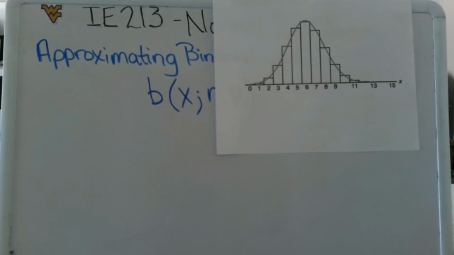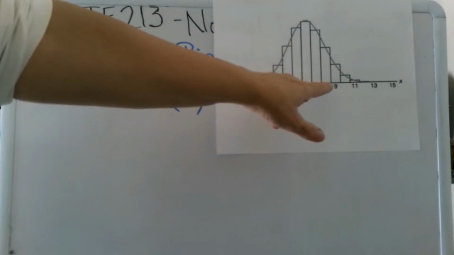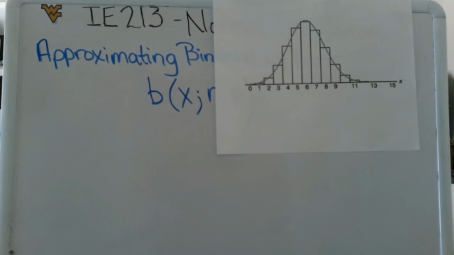Okay, to illustrate the normal approximation to the binomial distribution, we draw the histogram. So the square columns or blocks are the histogram. And then we superimpose the normal curve on top, so you can see the curve on top of the histogram.